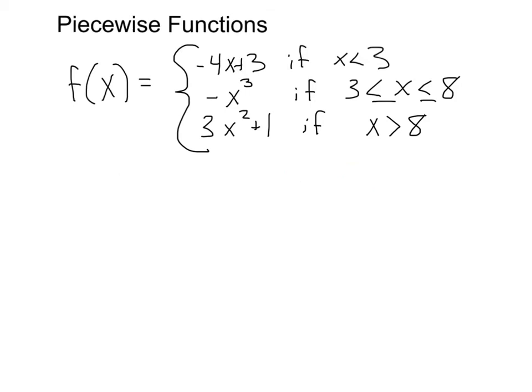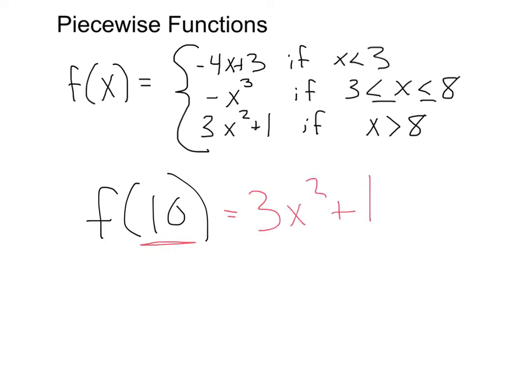Next, why don't we find f of 10? Well, I'm going to take a look over here, and I notice that 10 is greater than 8, so this is the function I'm going to use. So I'm going to have this equal to 3x squared plus 1, and for x I'm going to be plugging in 10.